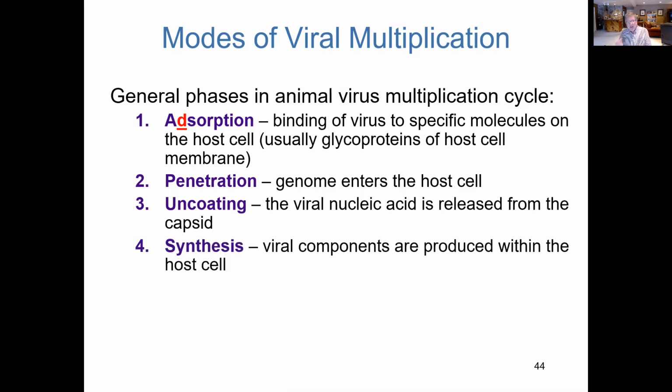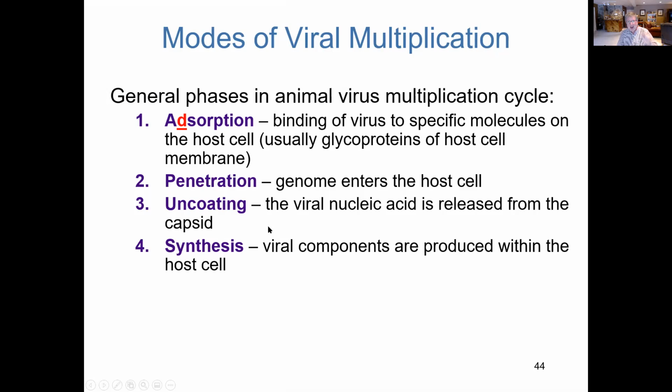The host cell then must synthesize new viral components. Now, when I say viral components, what do I mean by that? Well, you have to ask yourself, what is a virus made of? Basically, 2 things. Outer protein coat, inner nucleic acid core. So if you want to make more viral particles, what do you need? More proteins and more nucleic acids.